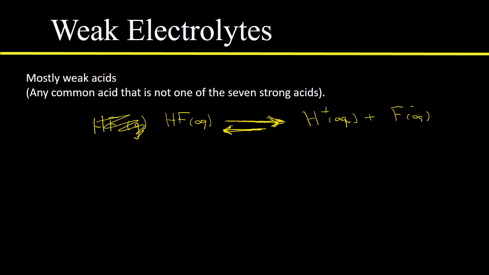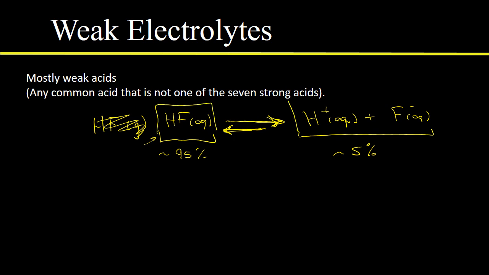And for something to be considered a weak electrolyte, what that means is that the overwhelming majority of the molecules at any particular point are in this form over here. The amount is going to depend on the acid and the temperature and the concentration, but a typical amount would be something like 95%. So 95% of the hydrofluoric acid is in this form, and only about 5% is in this form. So it's forming some soluble ions, but not very many.